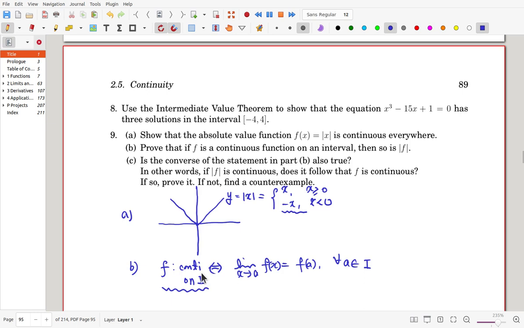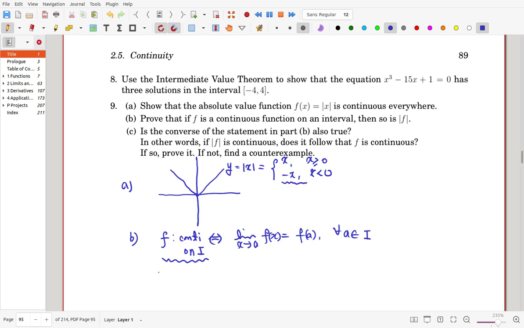That is the assumption. And from there, we want to show that, under the assumption, the limit as x approaches a of the absolute value of f of x is the same as the absolute value of f of a, for any choice of a inside the interval.